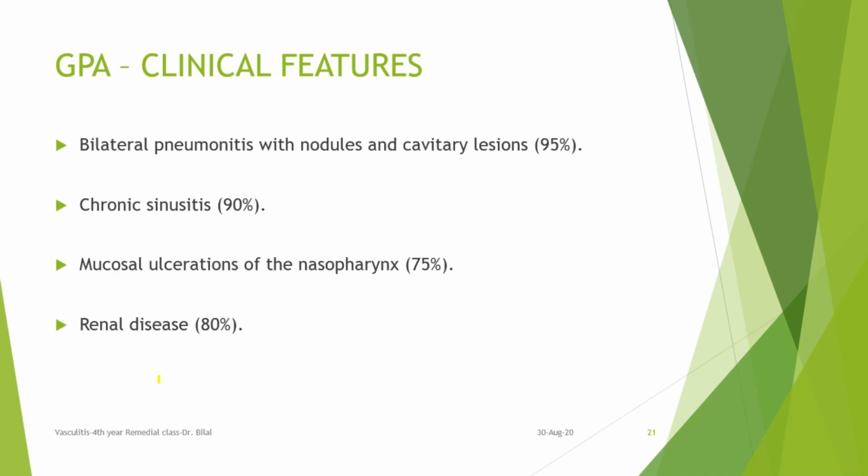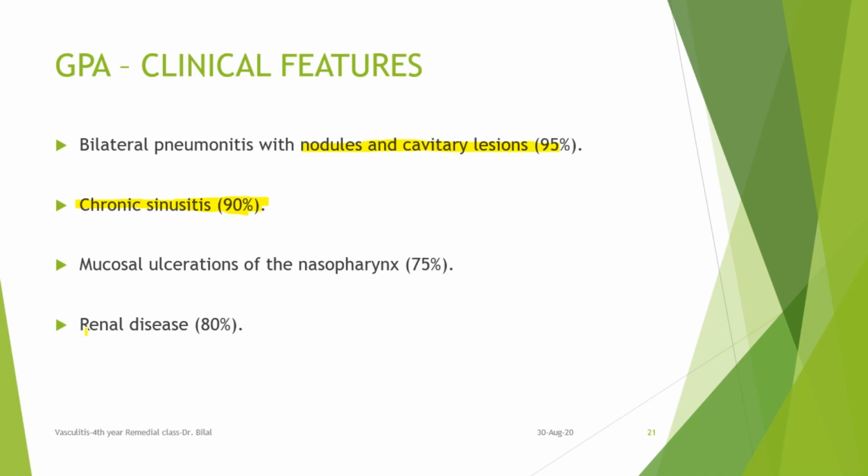GPA, granulomatosis with polyangiitis, affects most prominently the vessels in the upper respiratory tract. So it may present with chronic sinusitis, around 90% of the cases, but many cases present with nodules and cavitary lesions in the lungs as well.